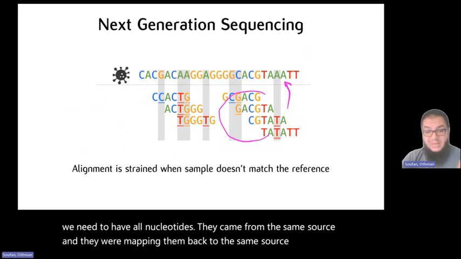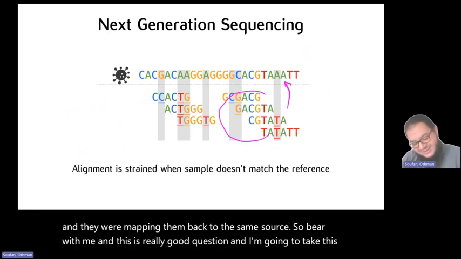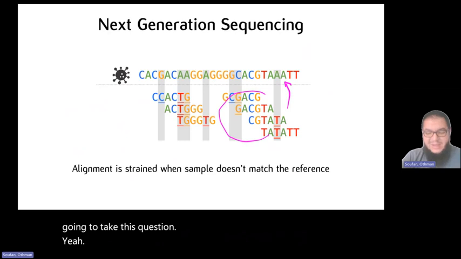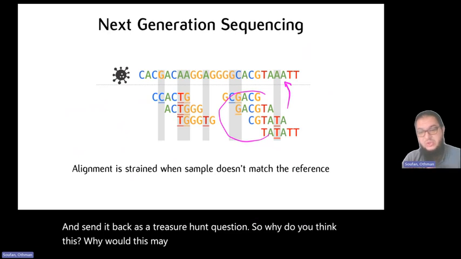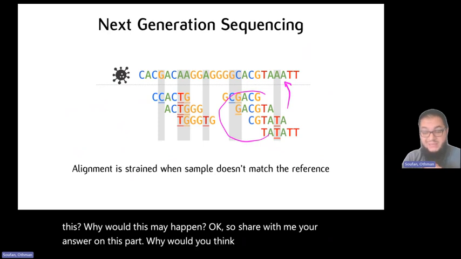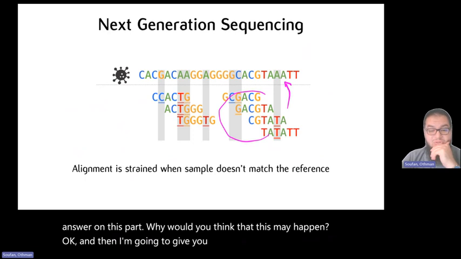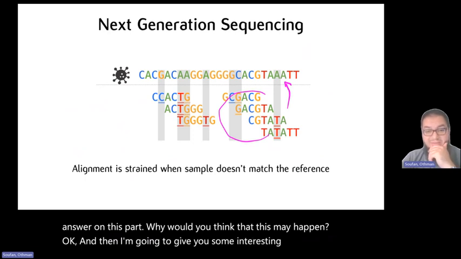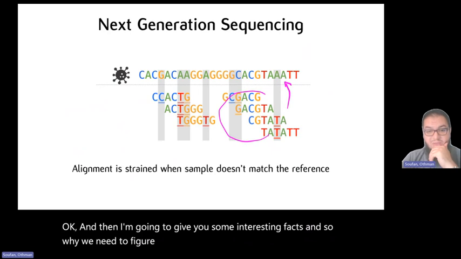So bear with me, this is a very good question, and I'm going to send it back as a treasure hunt question. Why do you think this may happen? Share with me your answer on this part. Then I'm going to give you some interesting facts, and why we need to consider this.